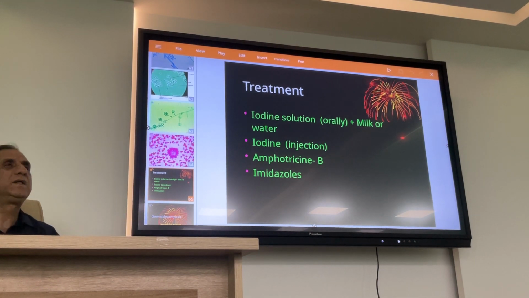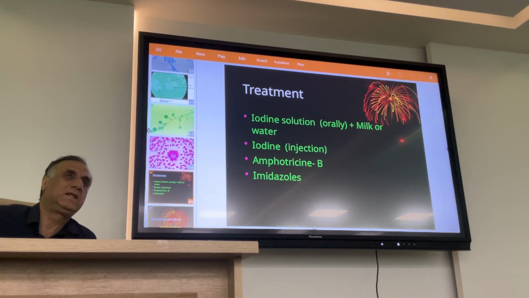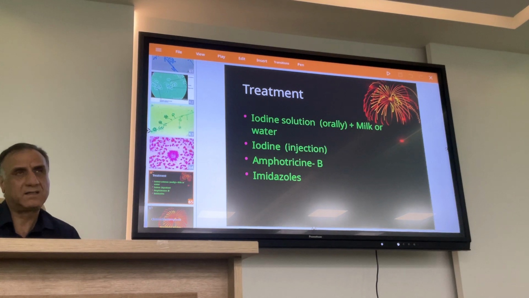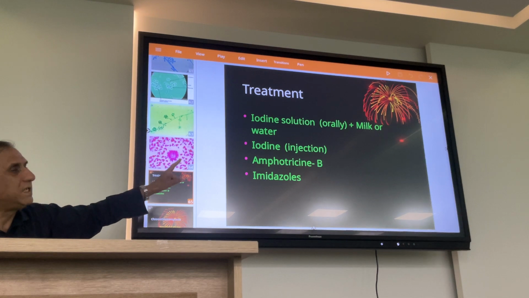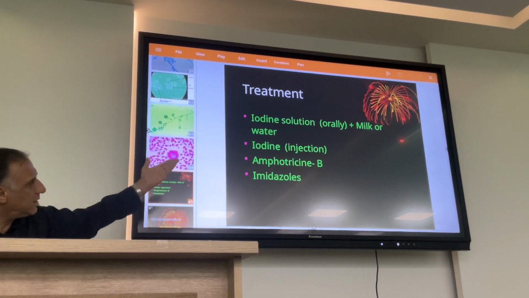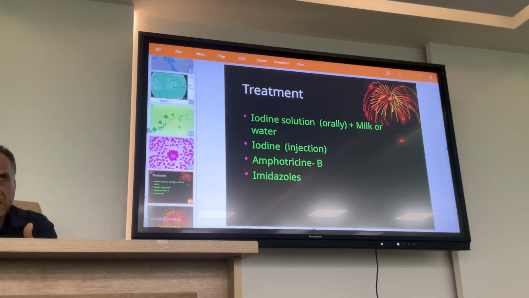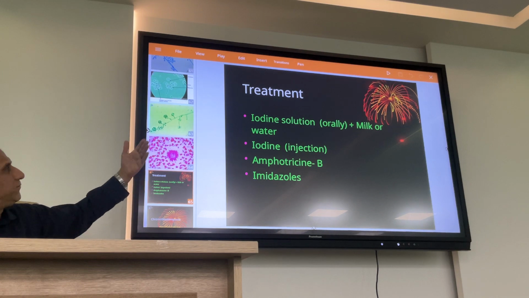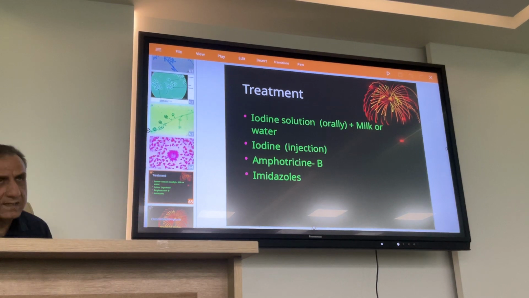Sometimes you have allergic symptoms to oral iodine, gastrointestinal sensitivity. Therefore, you can use iodine injection. The iodine compound is the drug of choice, but you can use other antifungals like amphotericin B or the azoles. At first, iodine is better.